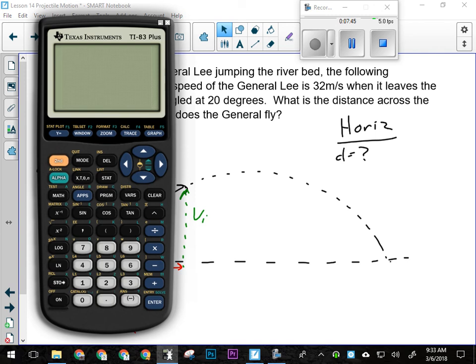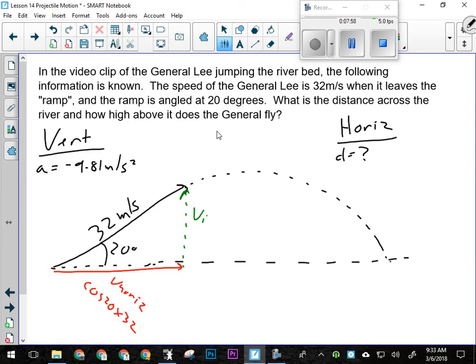All right, so we've got cos of 20 times 32. Horizontally, it's moving at 30.07 meters per second. And in order to find vi, it's the opposite side, so we'll go sine of 20 times 32.